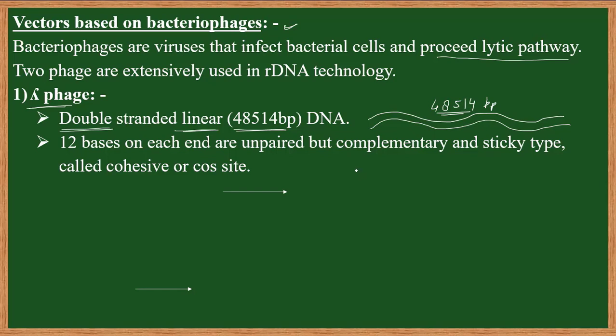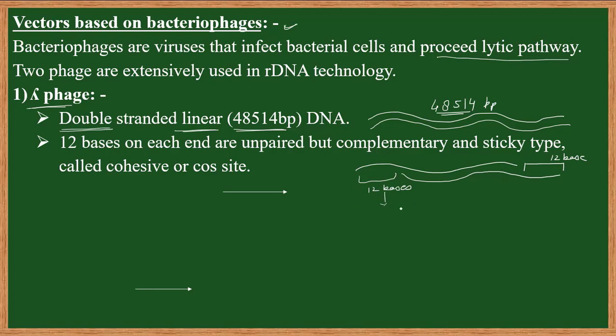So we will see suppose this type of structure. Here in total how many? 12 bases, and this side also, how many? 12 bases. So these are cohesive, sticky type.